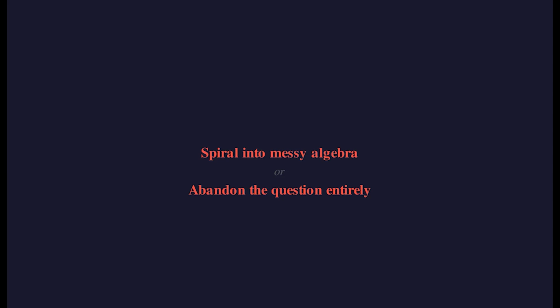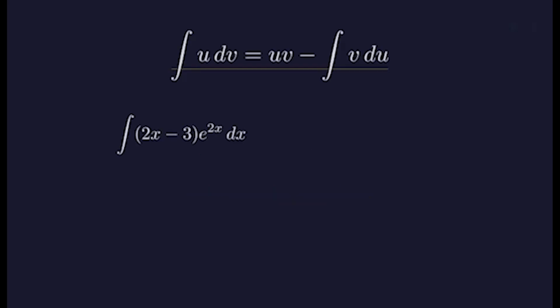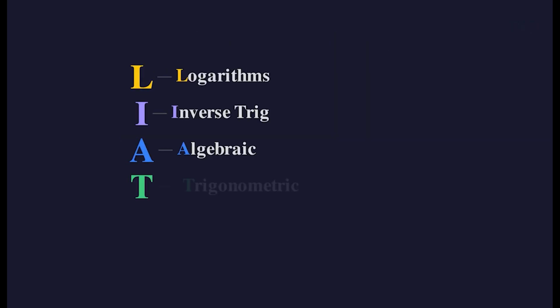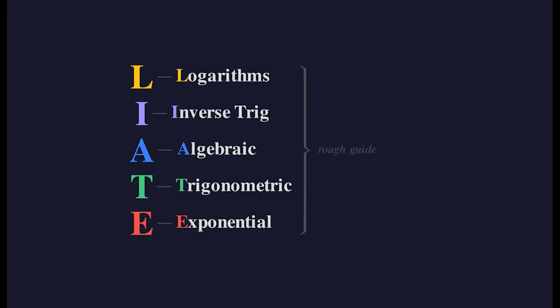So the question now becomes, how do you know which part to choose as u? This is where LIATE comes in: logarithms, inverse trig, algebraic, trigonometric, exponential. It's useful as a rough guide, but here's what nobody tells you.